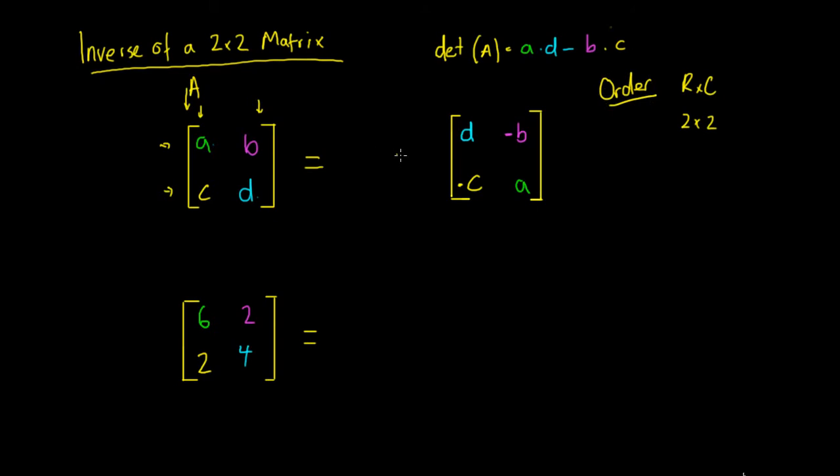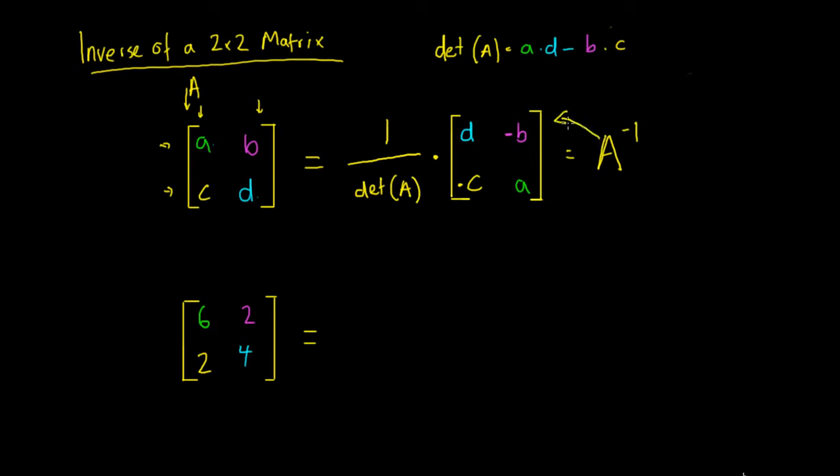And then what we do is we multiply this entire matrix by 1 divided by the determinant of our first matrix, which we called matrix A. And we call this resulting matrix A to the power of negative 1. So this matrix here is equal to A negative 1, this whole thing.